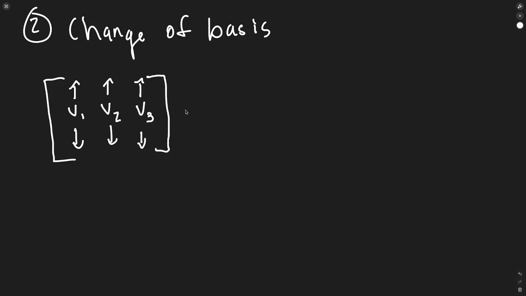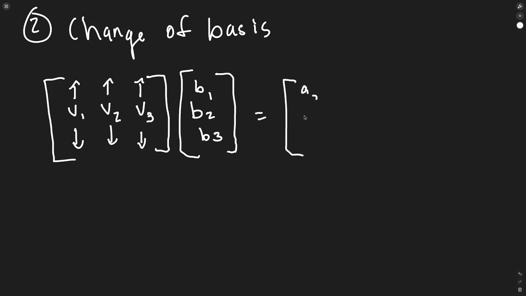And now you have a vector with components A1, A2, and A3, right? So you have these numbers. But you want to write it in terms of this other basis over here. So what you want is these scaling factors. So you want B1, B2, and B3 to write this same vector, but in terms of this basis, right?